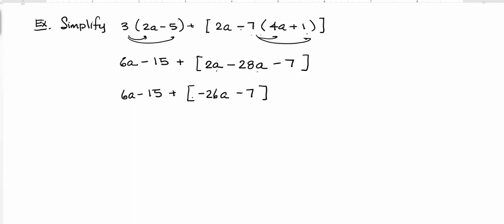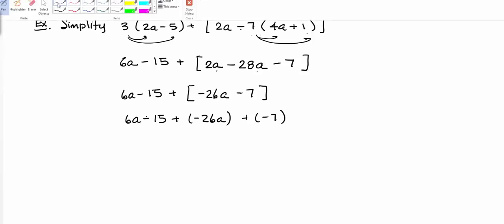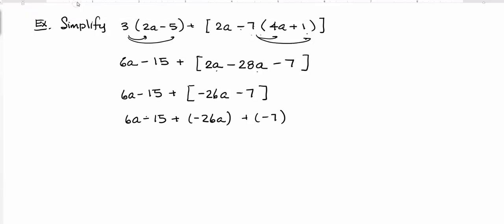And at this point I can take away the parentheses. This is like 6a minus 15, and then this is plus, and I'm going to put a negative 26a in parentheses because that separates it out, and then I have a plus negative 7, or minus 7. So which ones are my like terms? Here I have a 6a and a negative 26a.